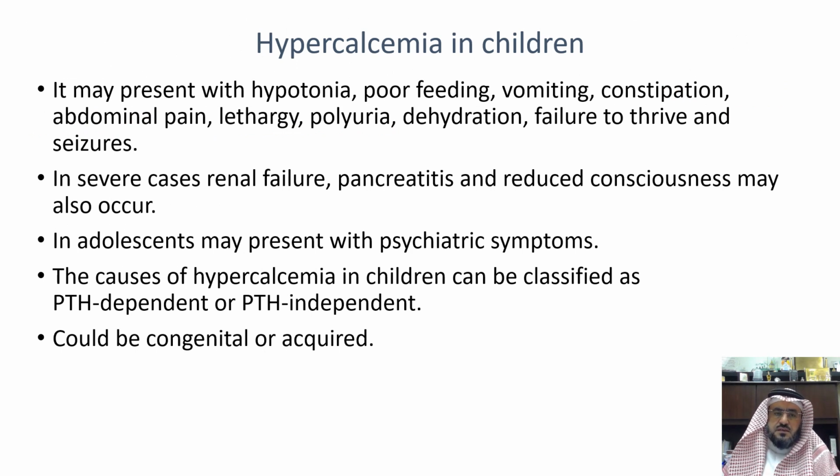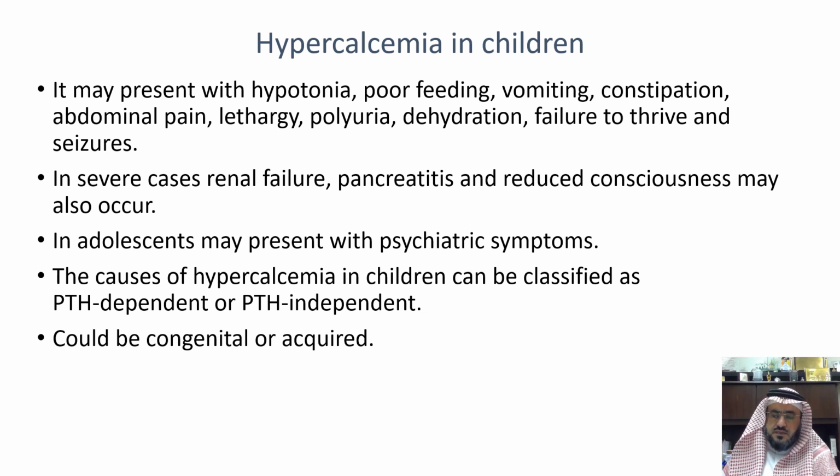Hypercalcemia in children may present with hypotonia, poor breathing, vomiting, constipation, abdominal pain, lethargy, polyuria, dehydration, failure to thrive, and seizure. Please remember all these symptoms and signs. You have to ask and look for all these symptoms in any child with hypercalcemia.